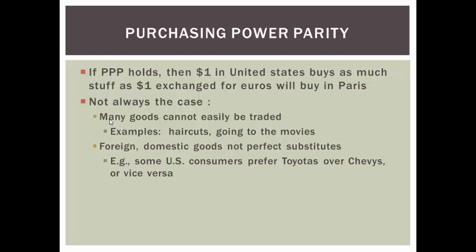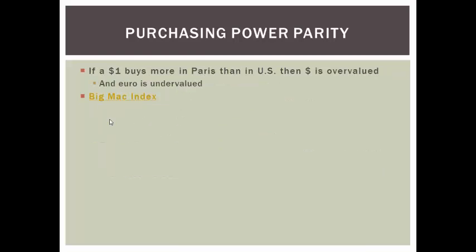So we had to find a kind of universal product that is sold in most of the countries in the world, and see whether we can purchase equal quantities of that product using the exchange rate compared to the other countries. That product is the Big Mac. Some economists decided to use the Big Mac as this universal product that will tell us whether the currency is overvalued or undervalued.